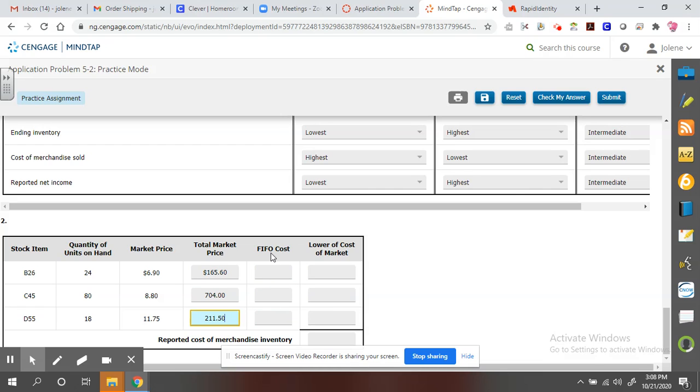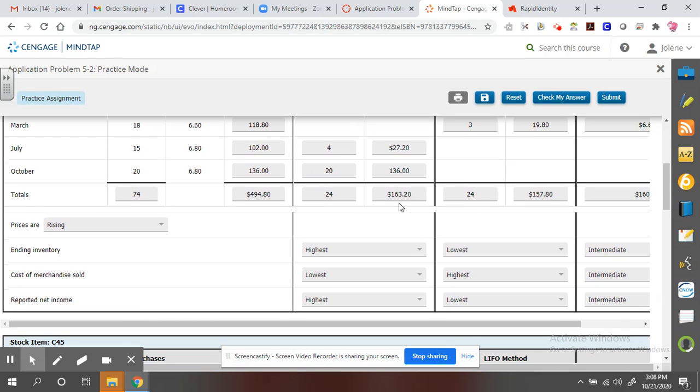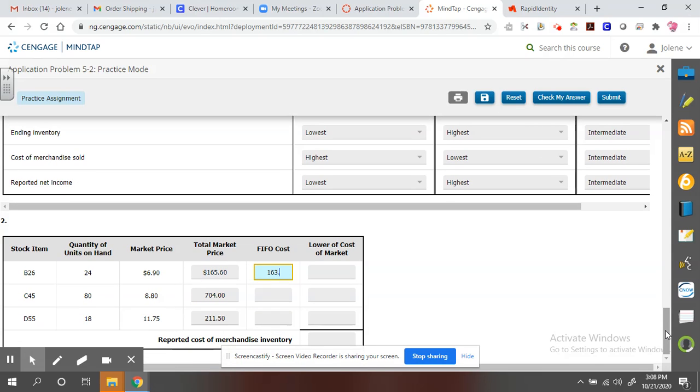So now we got to go find FIFO for that first product. What was our FIFO way up here? It was $163.20. So which one is the lower? It says lower here. Which one is the lower? It's the 163.20.